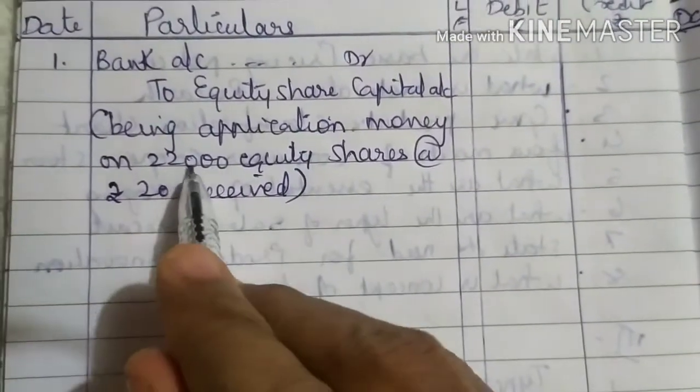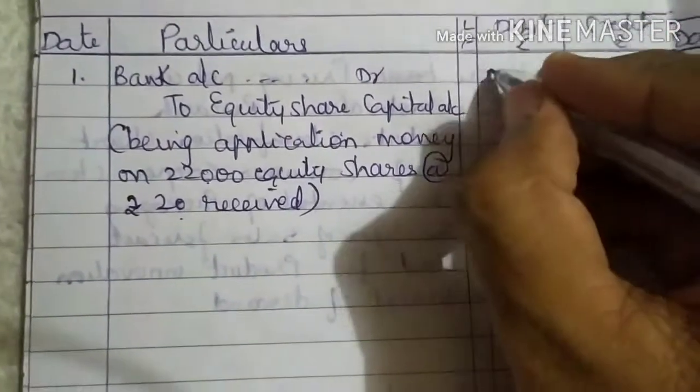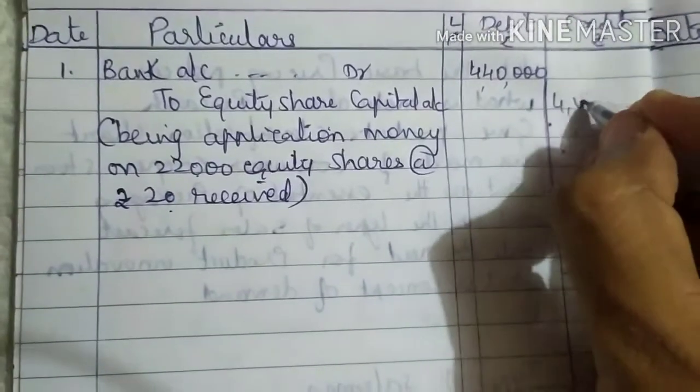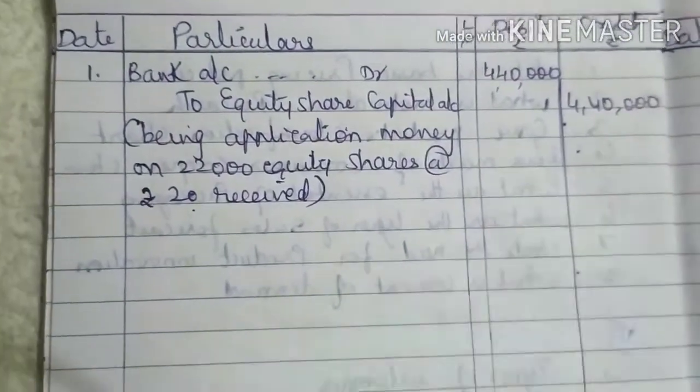If you multiply 22,000 with 20, you will get 4,40,000.